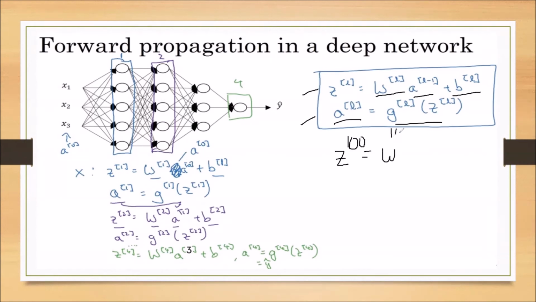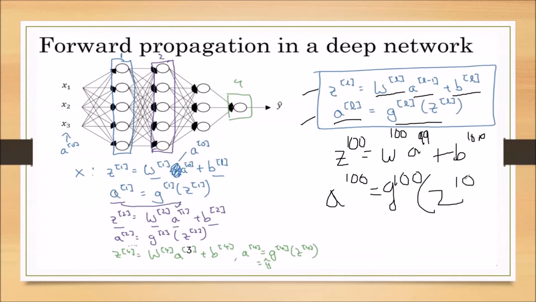I want the parameter matrix of the 100th layer, and we take the input of the activation units of the 99th layer plus B^100. When we write the activation of the 100th layer, we write it as G^100 of Z^100.